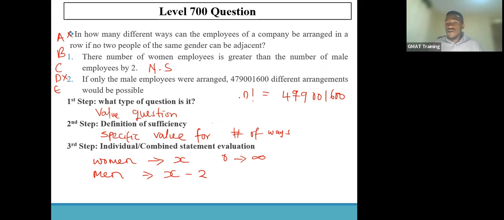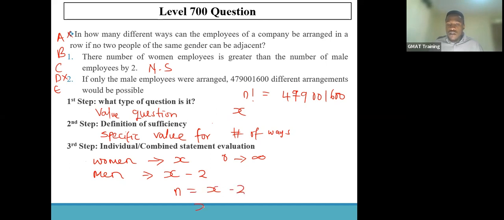Since we have that value, we can tell that there is a specific value which can give us this number of different arrangements, then we can deduce x, because we know that the number of men, which is n, is equal to x minus 2.